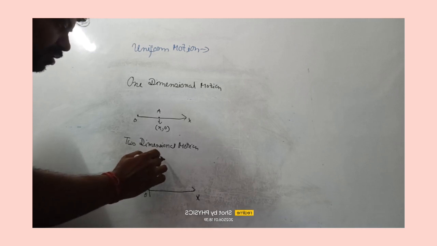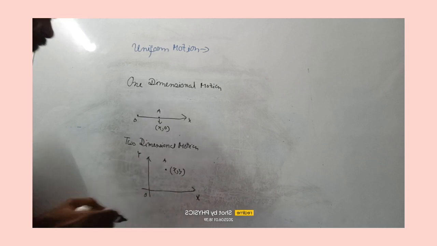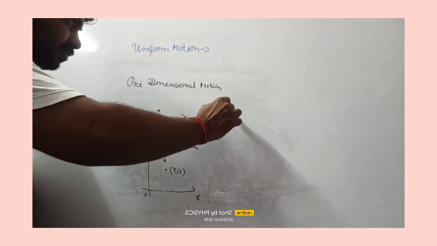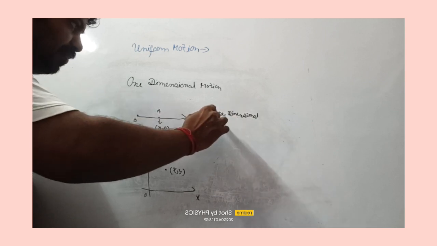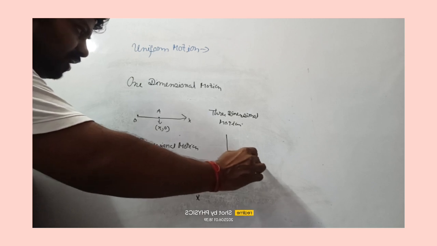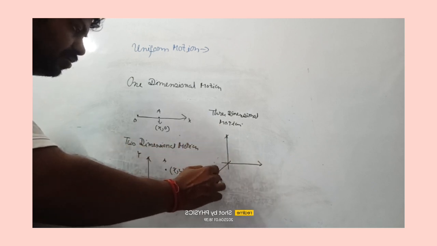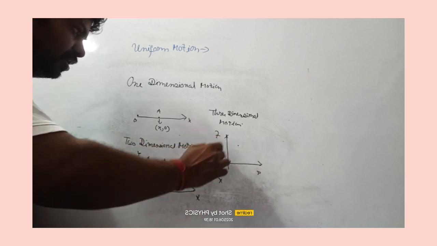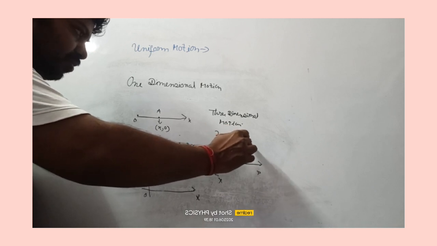This is the position of the particle, and the coordinates of that point are x, y. And for three-dimensional motion, we consider the three axes x, y, and z. If the object is situated at point A, the coordinates are x, y, z.